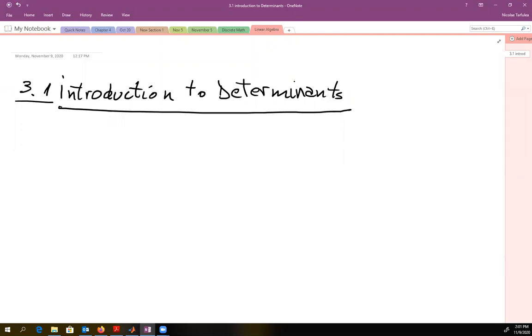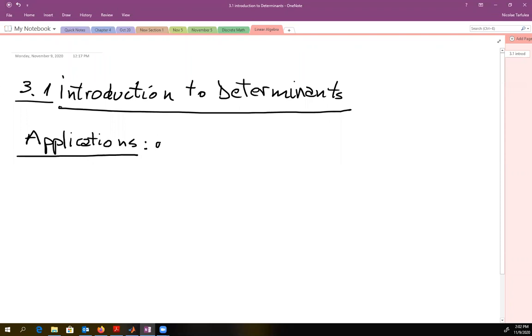For example, the area of a parallelogram can be computed by using determinants. I'm going to mention just a few applications. Actually, Thomas Muir wrote 2 volumes of such applications long ago. There are many more now.